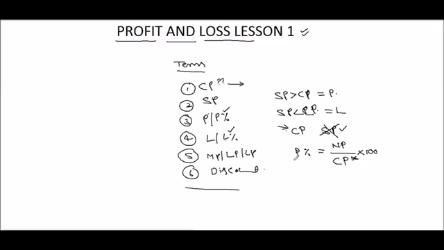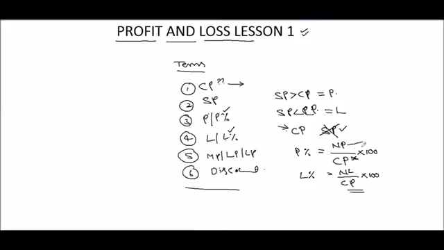Already we have learned in percentages, to show any fraction in terms of percentage, we need to multiply it by 100. And similarly, loss percentage is equal to net loss divided by cost price into 100. In both cases, cost price is the denominator.